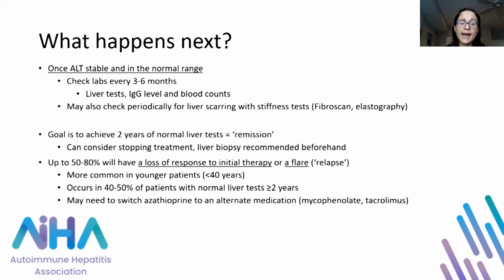Sometimes when patients have a flare or a loss of response to the initial therapy, we may retreat those patients with prednisone to, again, quickly get things under better control, and then switch whatever backbone medication they're on, so azathioprine usually, to an alternative medication. So for instance, something called mycophenolate or even tacrolimus.